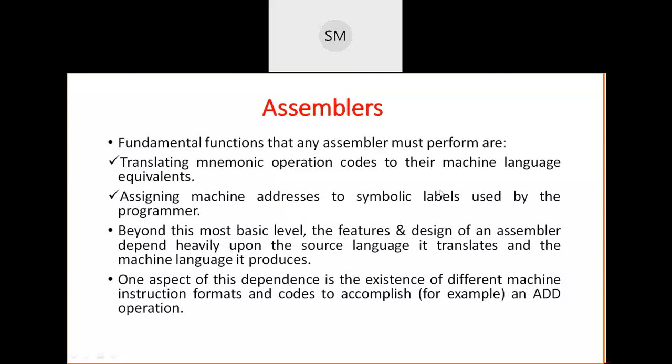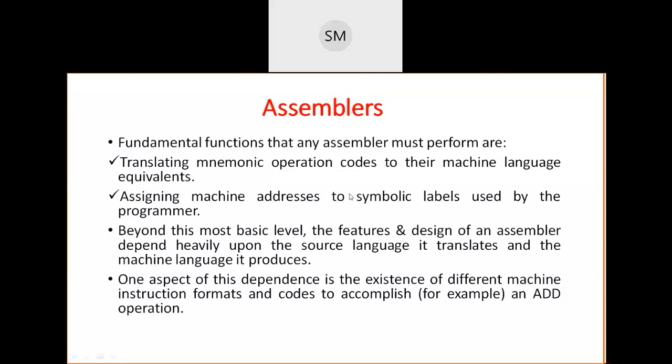See how to translate these mnemonic operation codes to machine language. I already told you, you should refer to Appendix A. In Appendix A, you will get the list of instructions and their respective opcodes. First, we have to translate those mnemonic operation codes to their machine language equivalent. Then the second task: the assembler assigns machine addresses to the symbolic labels.